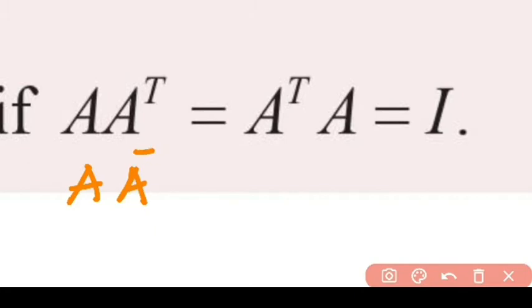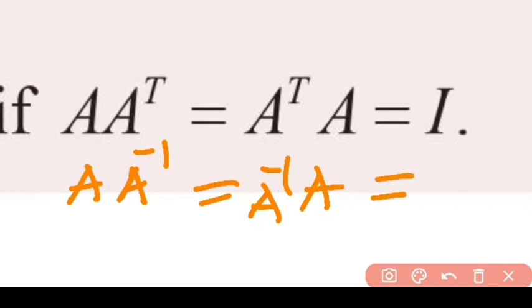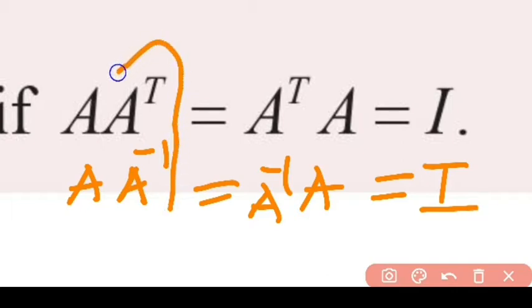A into A inverse equals A inverse into A equals unit matrix. So compare these two equations. From this, A transpose and A inverse are equal. If A is orthogonal, then A transpose is equal to A inverse.